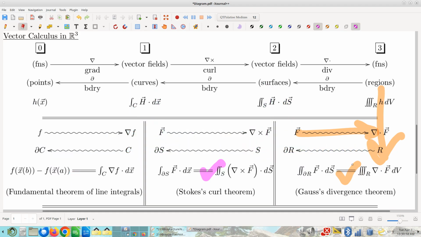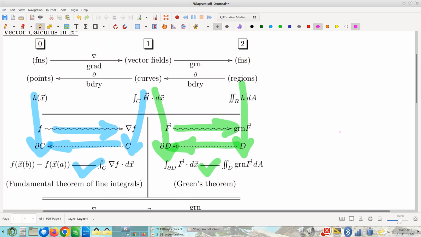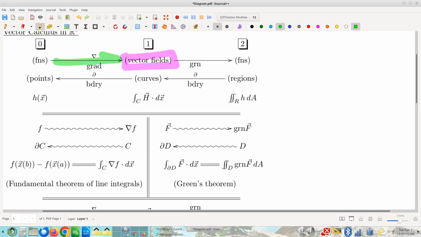Now let's also talk about, let's see here, let's go up to 2 dimensions again. Let's talk about the special vector fields. We've talked about the special vector fields before, certain vector fields. We were just talking about how if it's a gradient of something, regularity conditions assumed, of course, that means that curl would have to be 0.